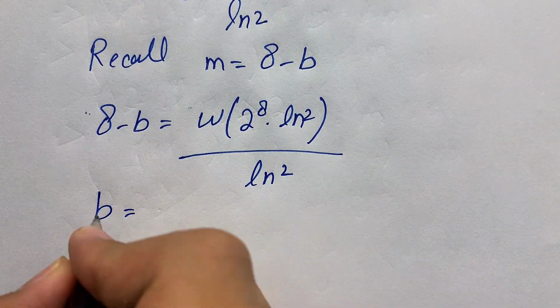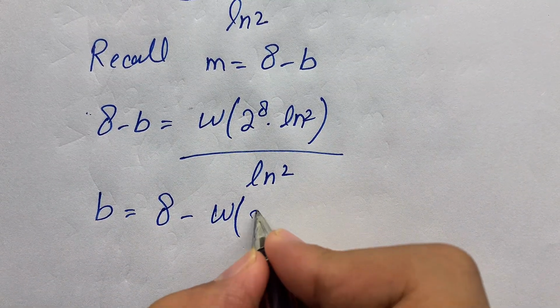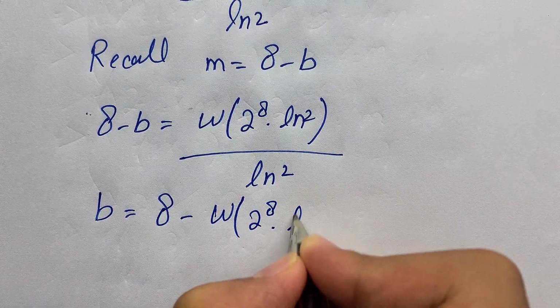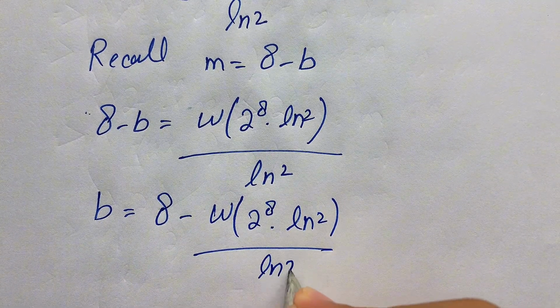So b is equal to 8 minus W(2^8 ln 2) divided by ln 2.